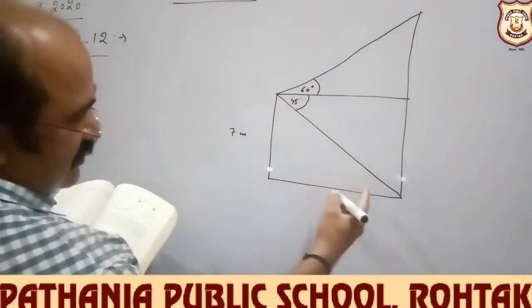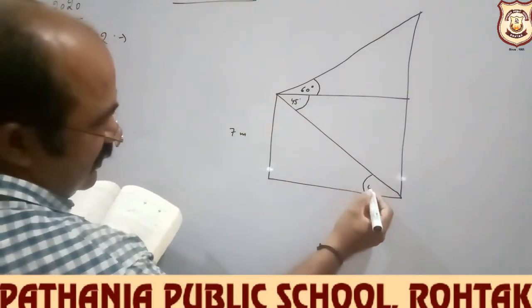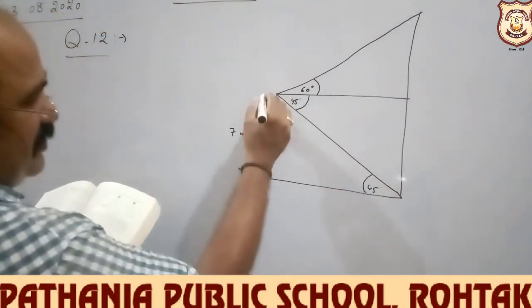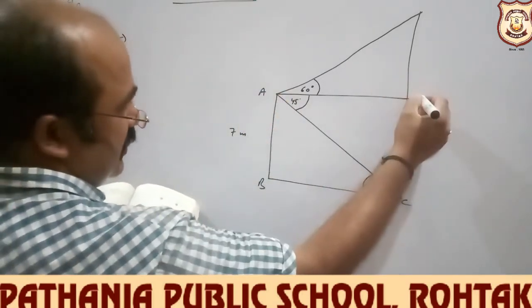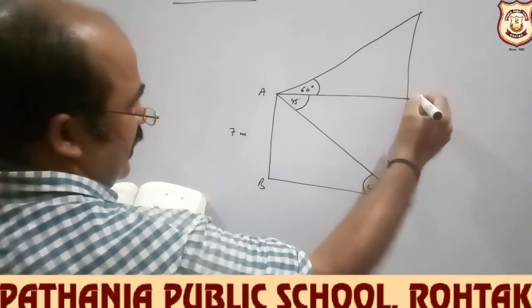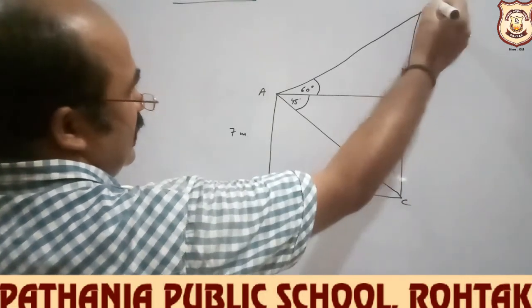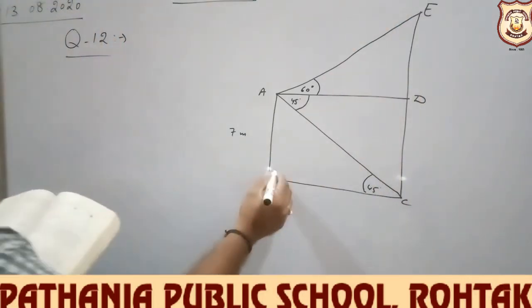So this one becomes this one, by alternate interior angles equal. A, B, C, then D, E. Like this you can name it.